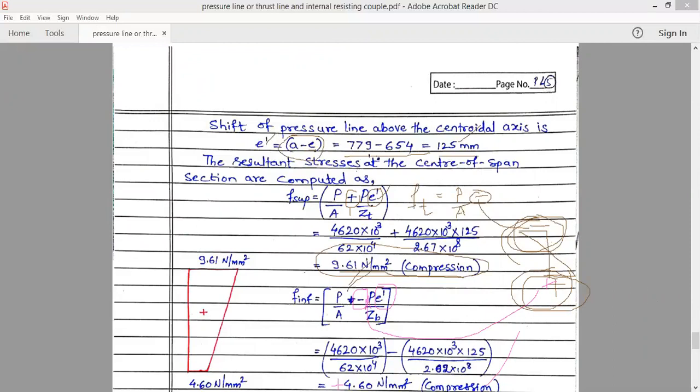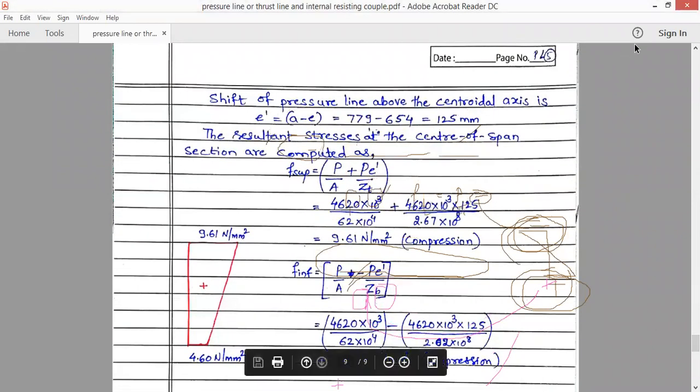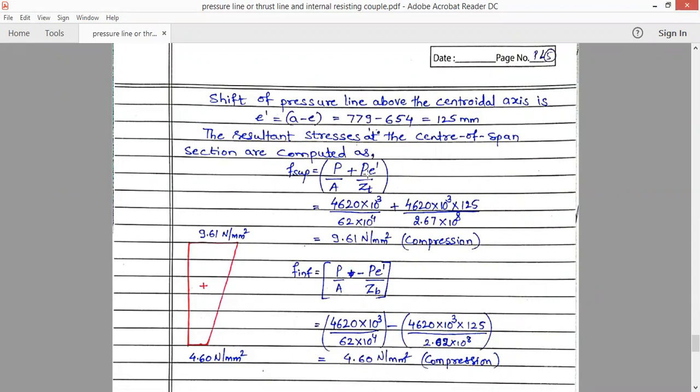One thing which you need to do carefully here is the sign conventions. When you consider the strength method, P by A is always positive, but for P E by Z, top fibers will be under tension, so negative, and bottom fibers will be under compression, so positive.